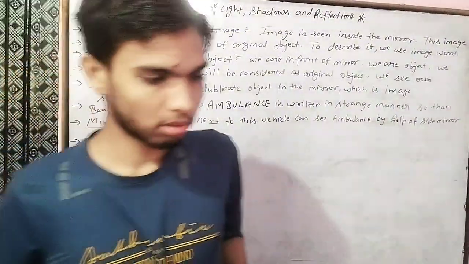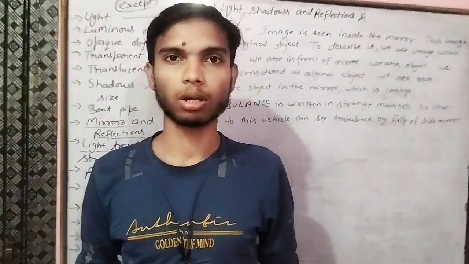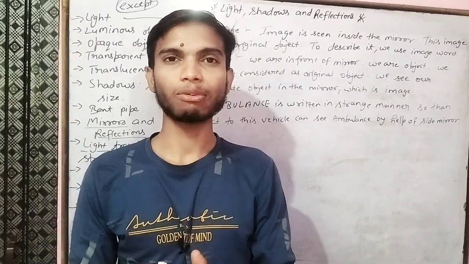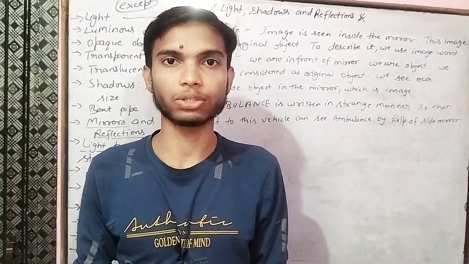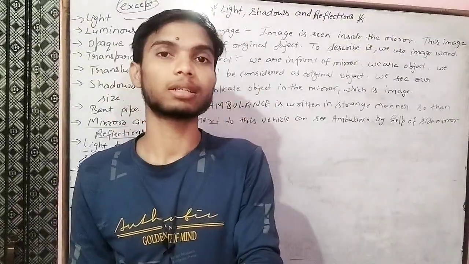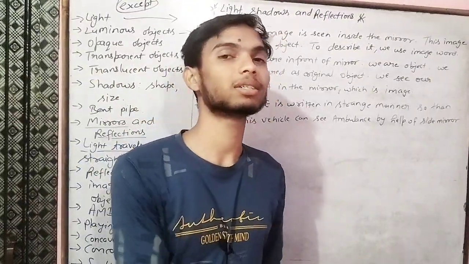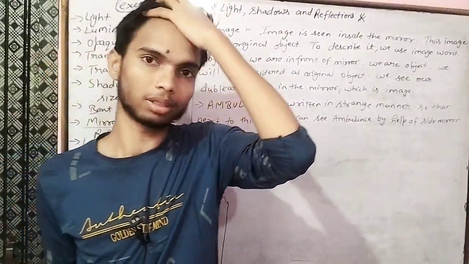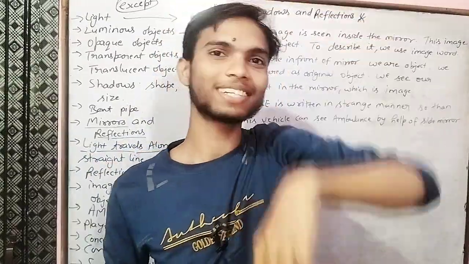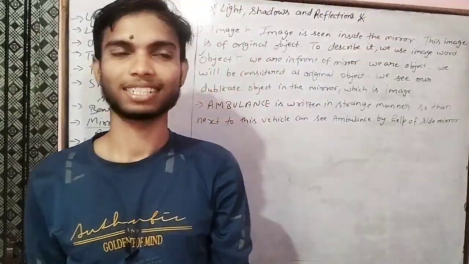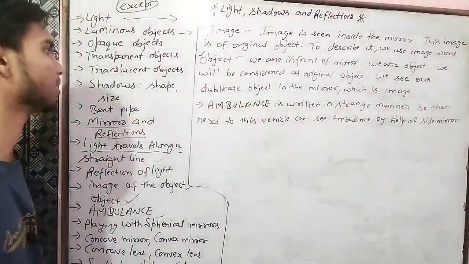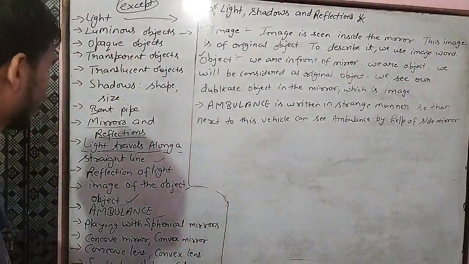On our t-shirt, we see text. When we are in front of a mirror, the text inside the mirror appears in a strange manner. It is happening because of the mirror.